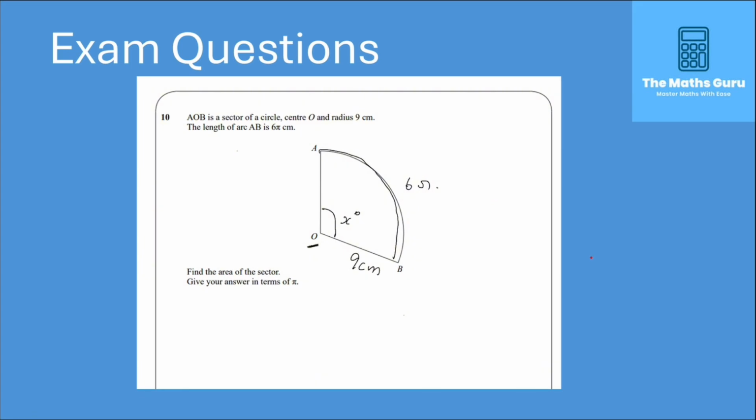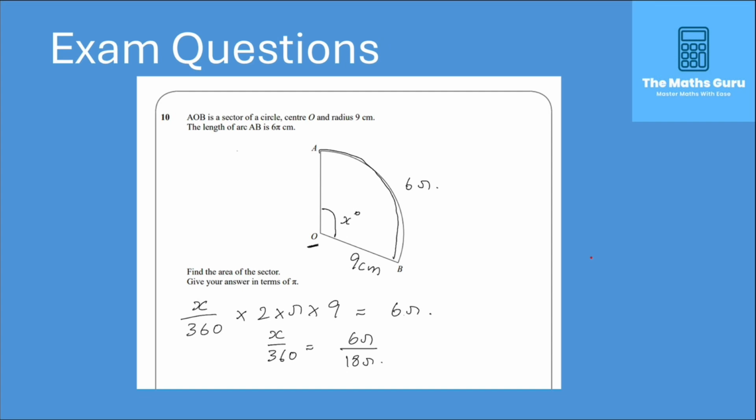We're going to have to work backwards to first calculate our center angle. We know our arc length, and we have a formula for arc length, which is x over 360 times, it's to do with circumference because it's arc length, times 2 times pi times 9 is equal to 6 pi. Now, rearranging for x, we get x over 360 is equal to 6 pi over 18 pi.